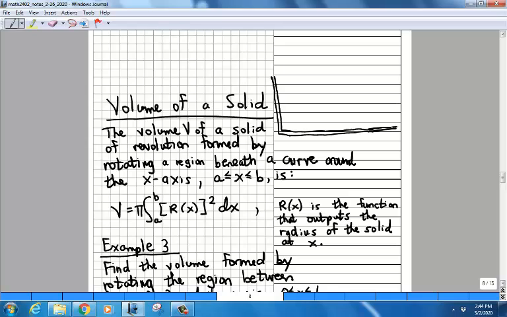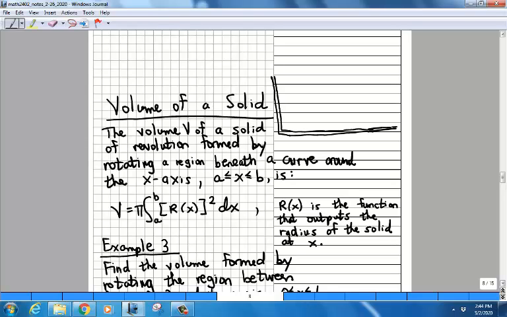This is just repeating what we did, but in general. The volume is pi times the definite integral from a to b of the function that gives you the radius, usually the function that you're rotating around the x-axis, squared, and then dx. That's it.